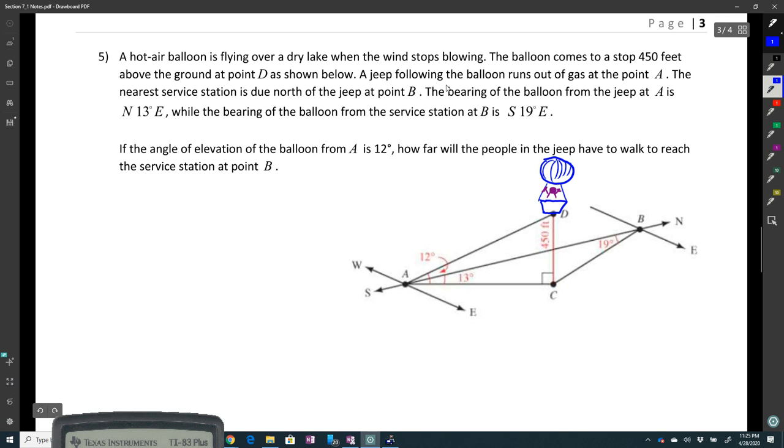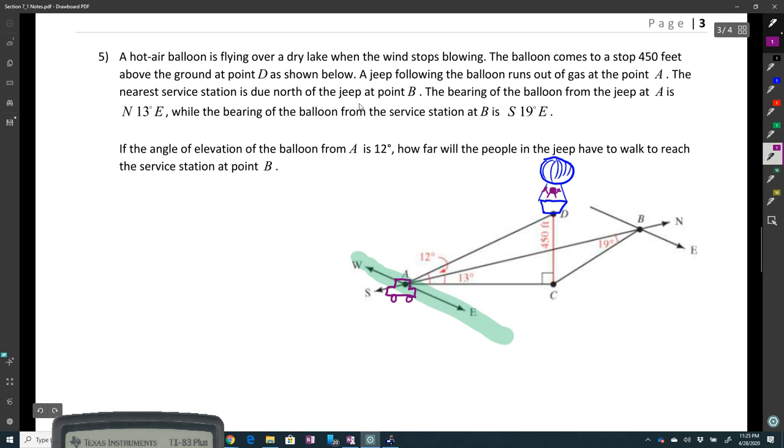At point D, a Jeep following the balloon. So this is apparently a road. That's a street. And along the street, a Jeep runs out of gas. Best Jeep ever.